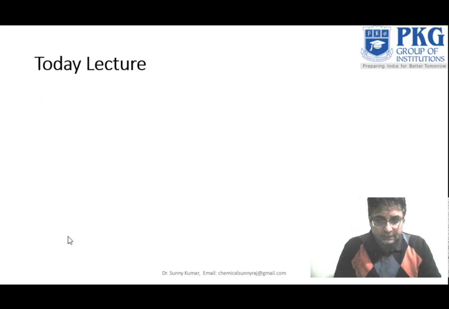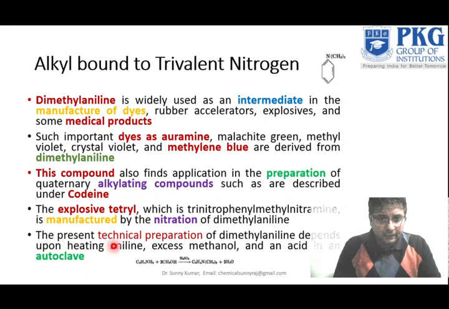The present technical preparation of dimethylaniline depends upon heating aniline, excess methanol, and an acid in an autoclave. So this is C6H5NH2 plus CH3OH, methanol.